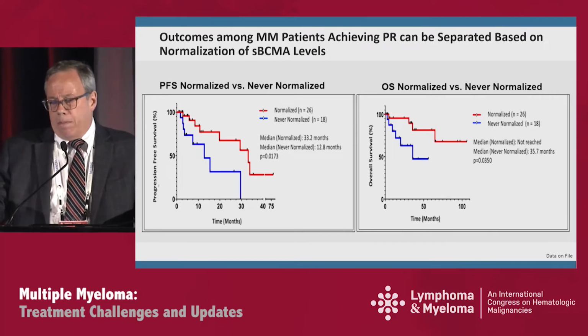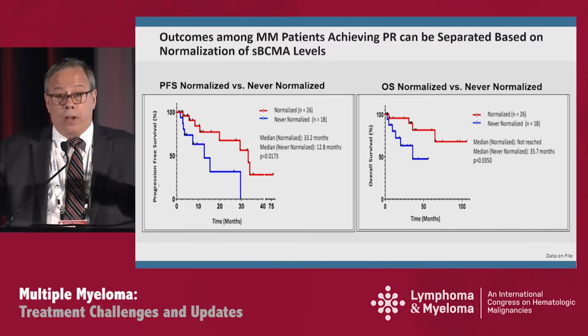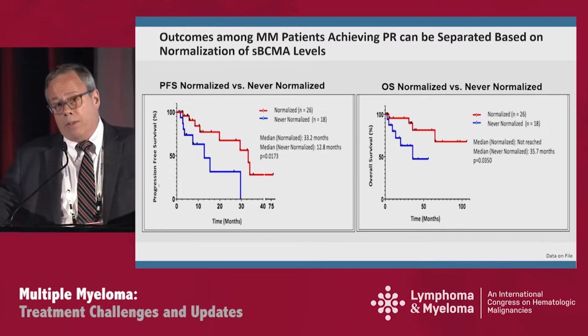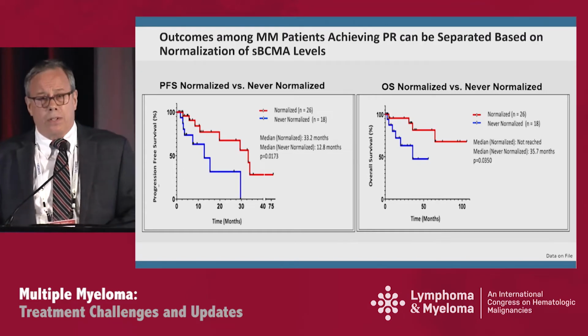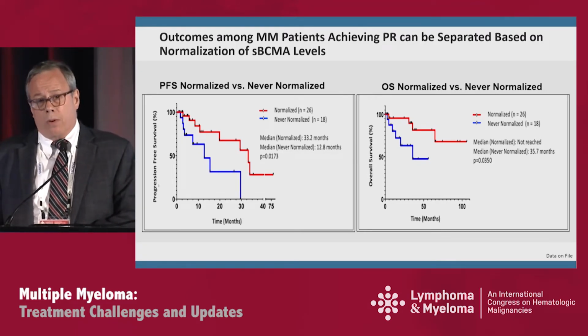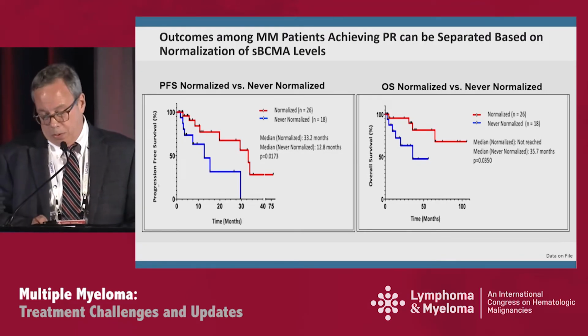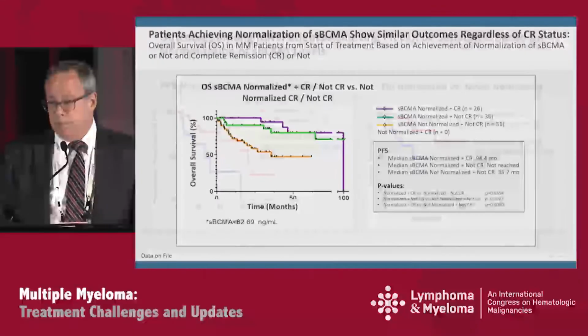So if you take PR patients here, those patients on the left-hand side who normalize their BCMA have markedly longer PFS than those who don't, despite they all are in PR. And the right-hand side, you even show an overall survival difference. So we can tease out differences even among different response categories by whether indeed patients normalize their BCMA level.